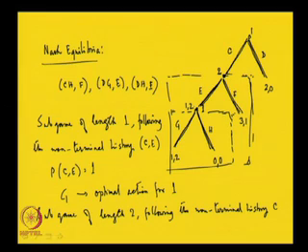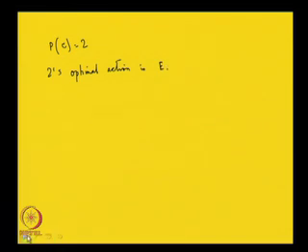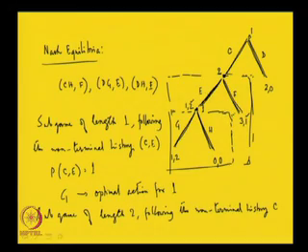The comparison is between this 2 and this 1, and obviously 2 is greater than 1, so the action is E. This will fall on the subgame perfect Nash equilibrium strategy profile.